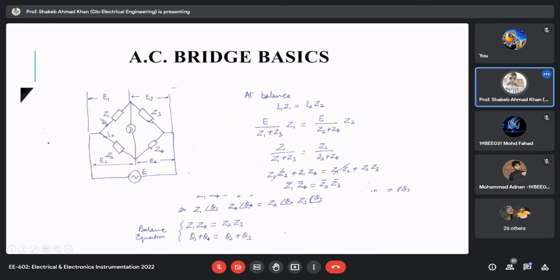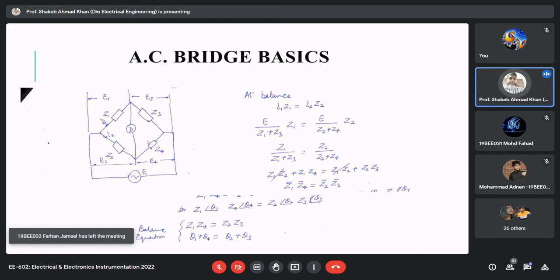Like here we are having inductance and resistance. Suppose we made the inductance variable in this arm and resistance variable in this arm, so that by varying these components we can balance the bridge.